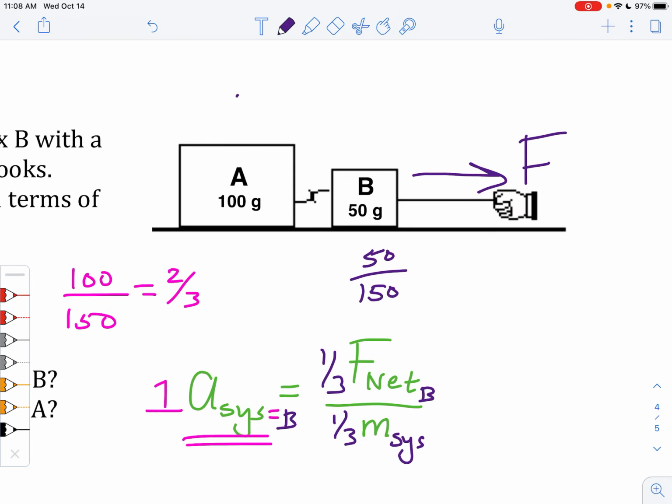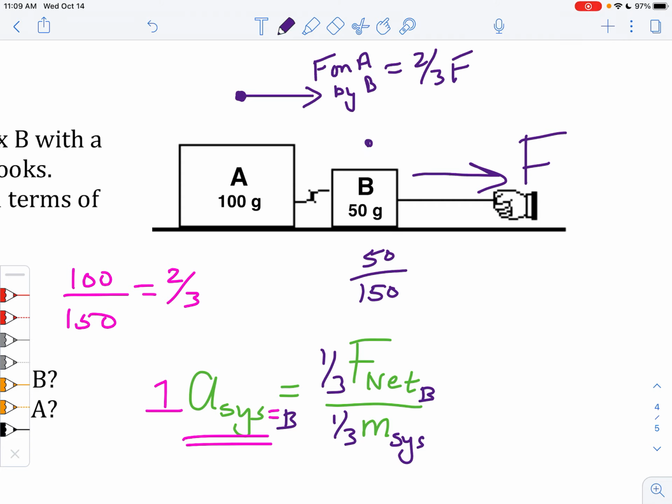If we draw an FBD for A, since there's no friction, there is only one force on A, the force on A by B. And that is going to be the net force on A. I'm ignoring normal force and force of gravity. And so that's going to be equal to 2/3 of F. That is the net horizontal force on A, which is 2/3 the net force on the system. The net force on the system is just this pull force here.